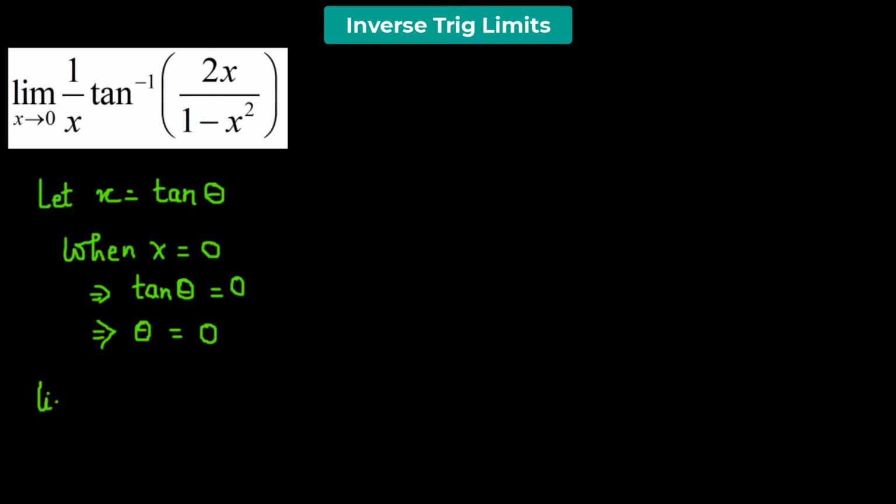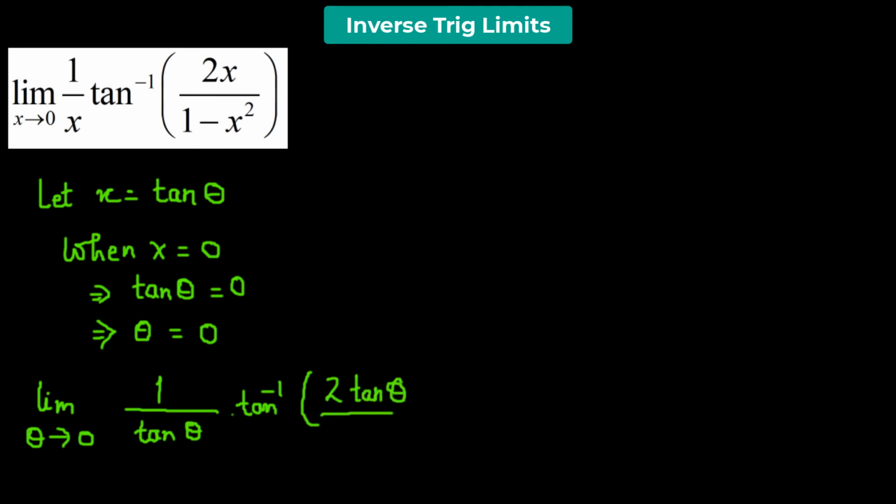So we have limit theta approaching 0, 1 over x. So x becomes tangent of theta, multiplied by tangent inverse of 2 tan theta over 1 minus tangent squared theta.